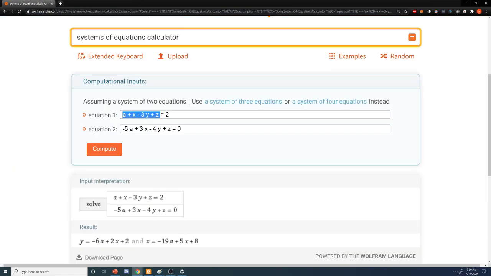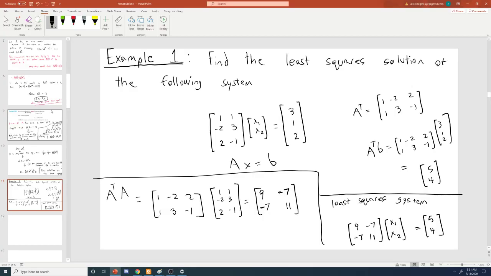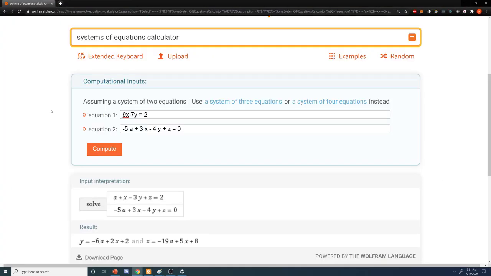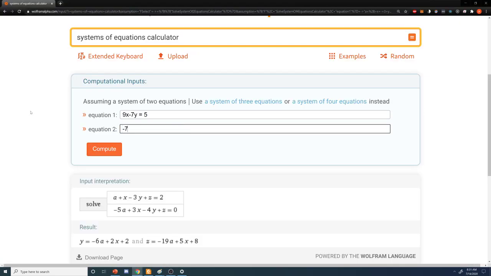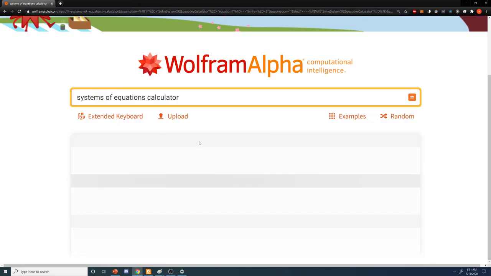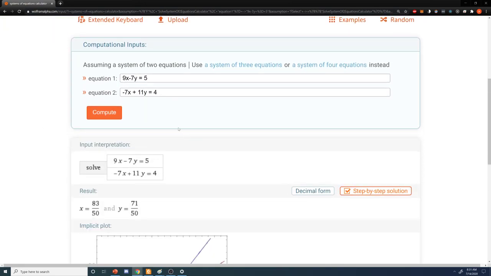So I have two equations. My first equation is 9x minus 7y is equal to 5. My second equation is negative 7x plus 11y is equal to 4. So if I solve this, I get an x and a y.